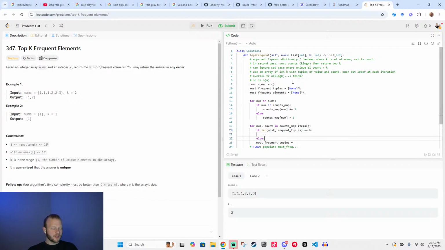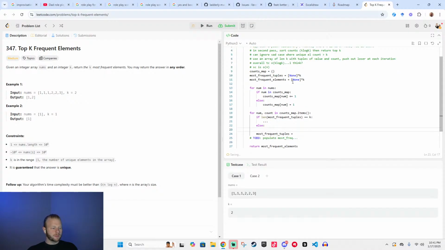Else, here I'll need to sort it. And I want to sort on the count. So in this case, I'll start with an empty list instead of multiplying by k eagerly.